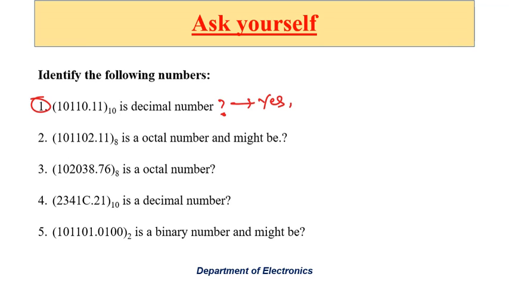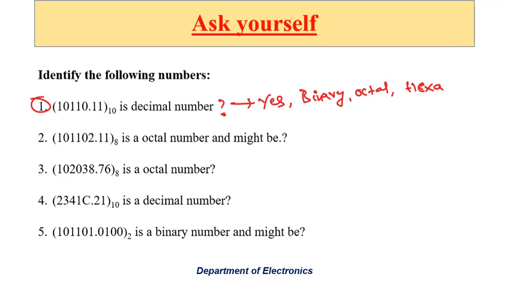Apart from decimal, this number has the possibility to be a binary number, an octal number, and a hexadecimal number as well, because in the rest of the three number systems, binary, octal and hexa, the digits 0 and 1 are allowed.